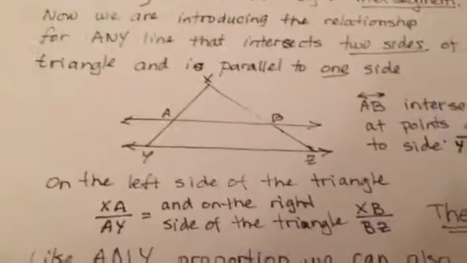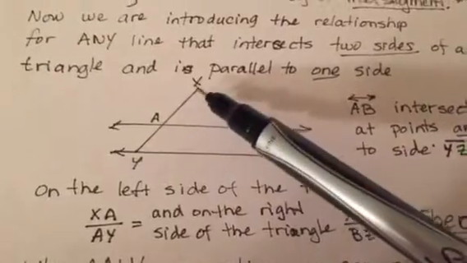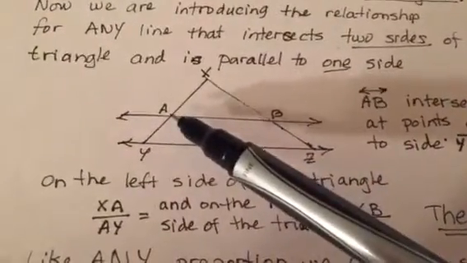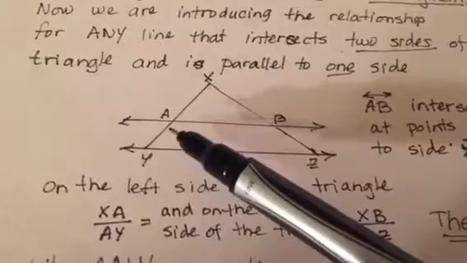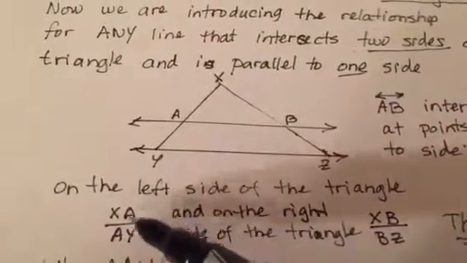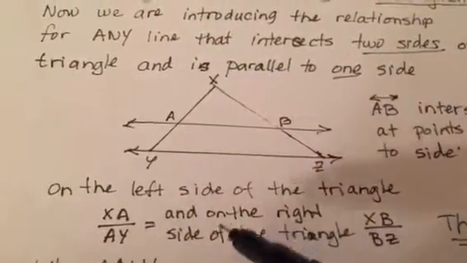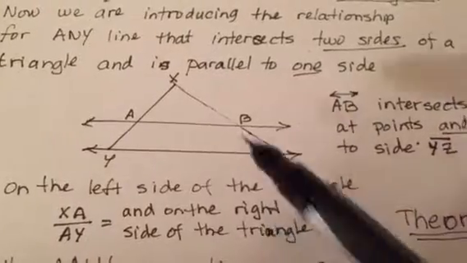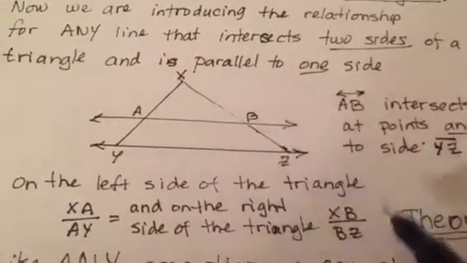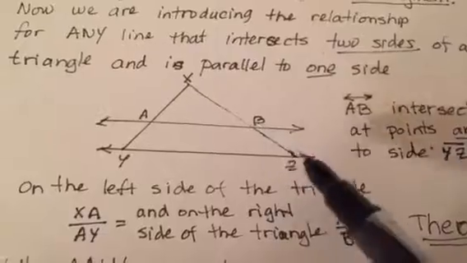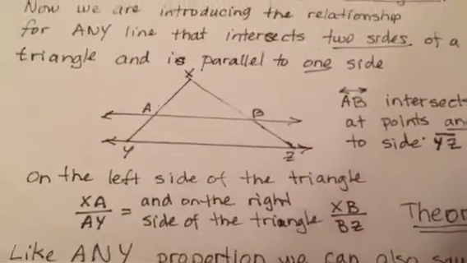Well, on the left side of the triangle, we first have the top half, which is segment XA. And on the bottom half, we have AY. So XA over AY. And on the right side of the triangle, we take the top half, XB is to BZ, top half to the bottom half.